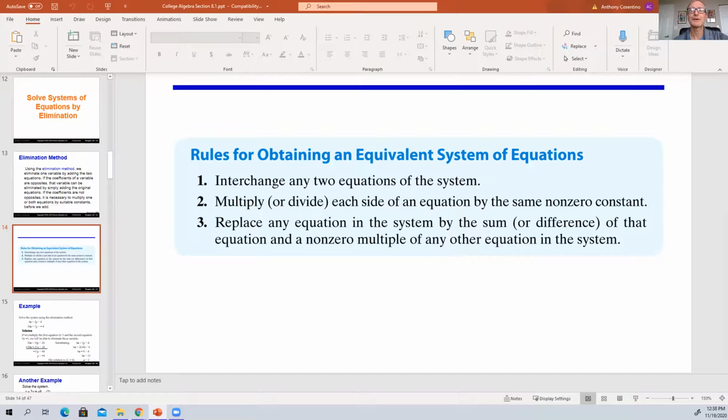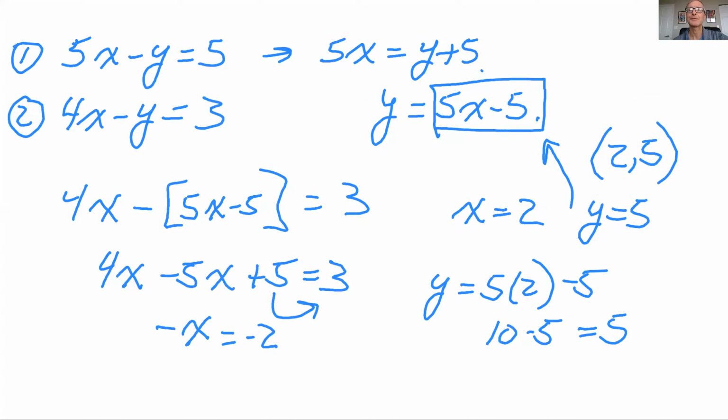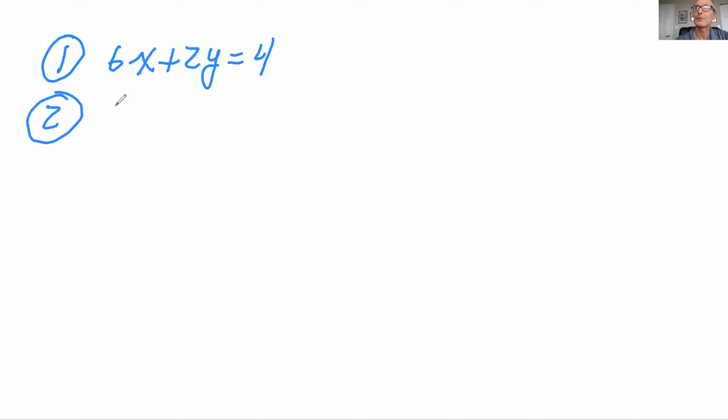So let me show you this up on the whiteboard. We're going to start with two equations and then work our way up to 3. So let's do this one here. Say we had equation 1, 6x plus 2y equals 4, and equation 2, 10x plus 7y equals 8.